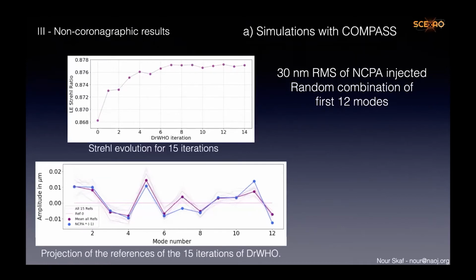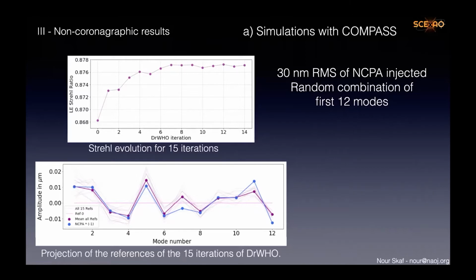But then I wanted to see how much of this correction actually corresponds to what I had injected at first. So in blue here, you can see the plot of the NCPA, what I actually injected, and in purple is the mean of all of the references that Dr. Who found.